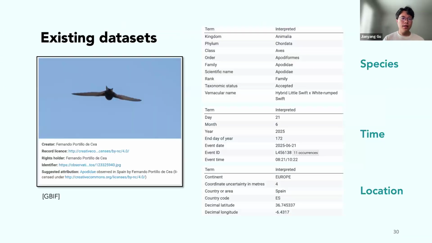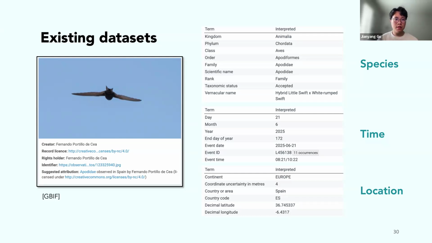But sadly, even with, for example, a very comprehensive coverage from GBIF, we have species, time and location labels, but we don't have captions. There are no available descriptions of each image, and we know that it's super expensive. Even for human annotators, if we want humans to provide descriptive captions for each image, it is very expensive, and not all people can do this job.